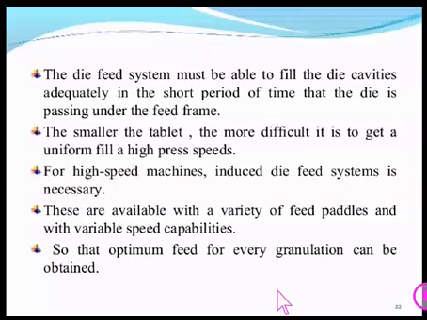The active ingredient should be equally present in all the tablets, and for this purpose it is necessary that every time the die cavity of the tablets should get filled with the granulation material uniformly or equally.